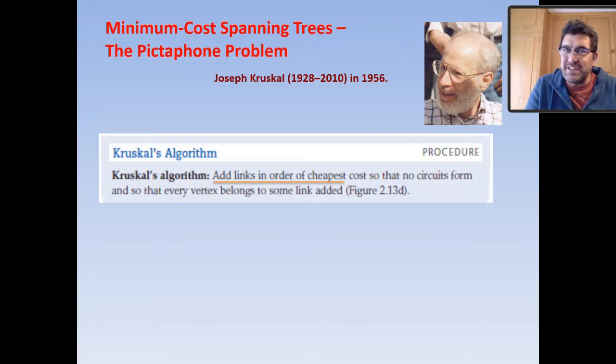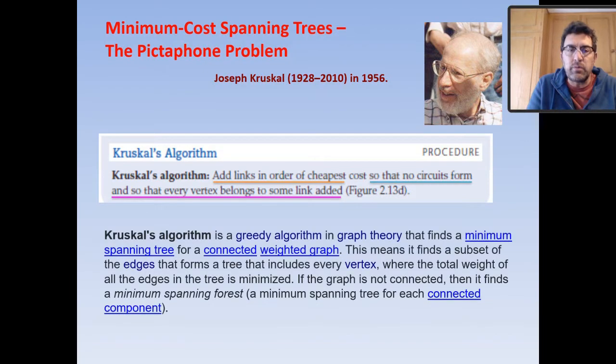Can you remember in the previous one we had to order the edges according to their weight, and that was called the sorted edges algorithm. Okay, so we sort them from cheapest, and then we start adding so that we do not form circuits, so that every vertex belongs to some link of sorts in the graph that we're working with.